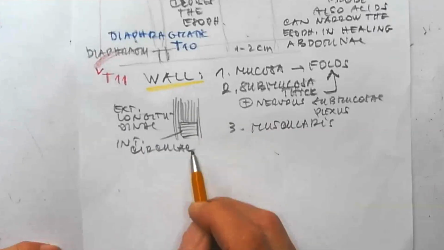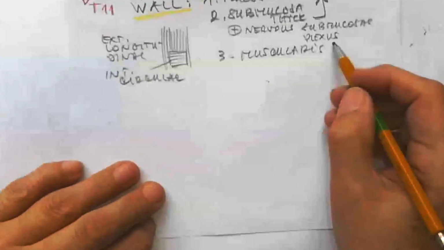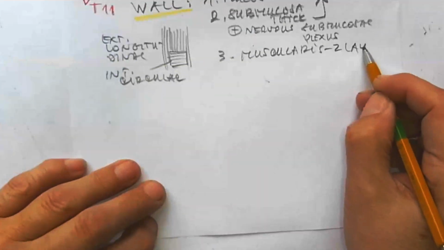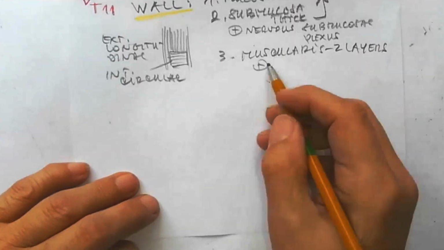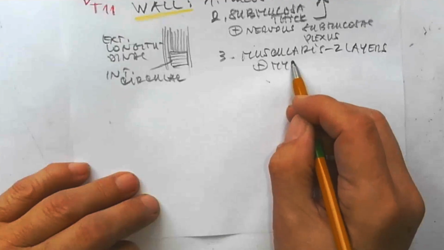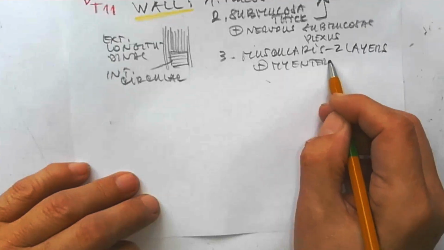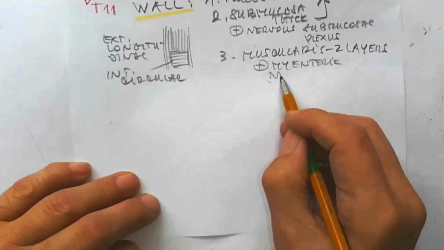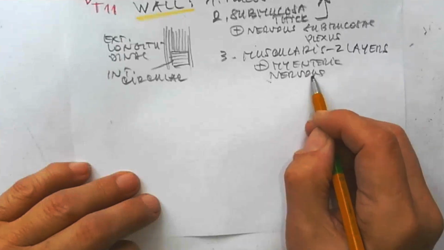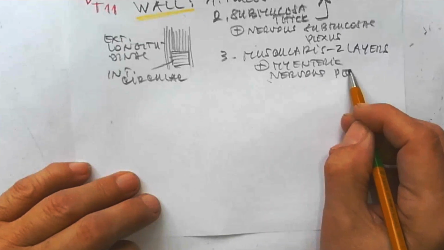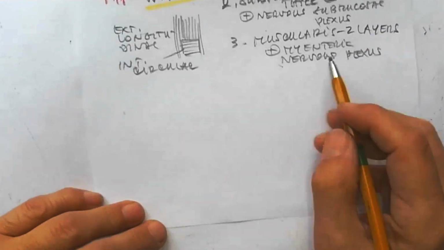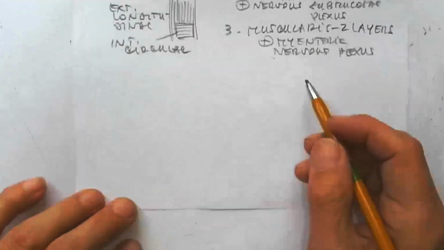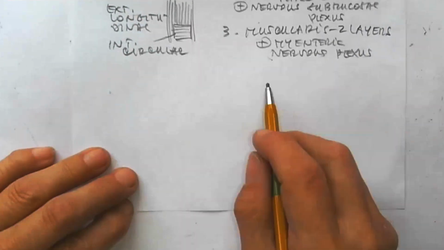Circular is relatively strong, important for the passage of the food. Muscularis, 2 layers we see, plus the myenteric nervous plexus. Then the nerve supply is definitely mainly vagus.